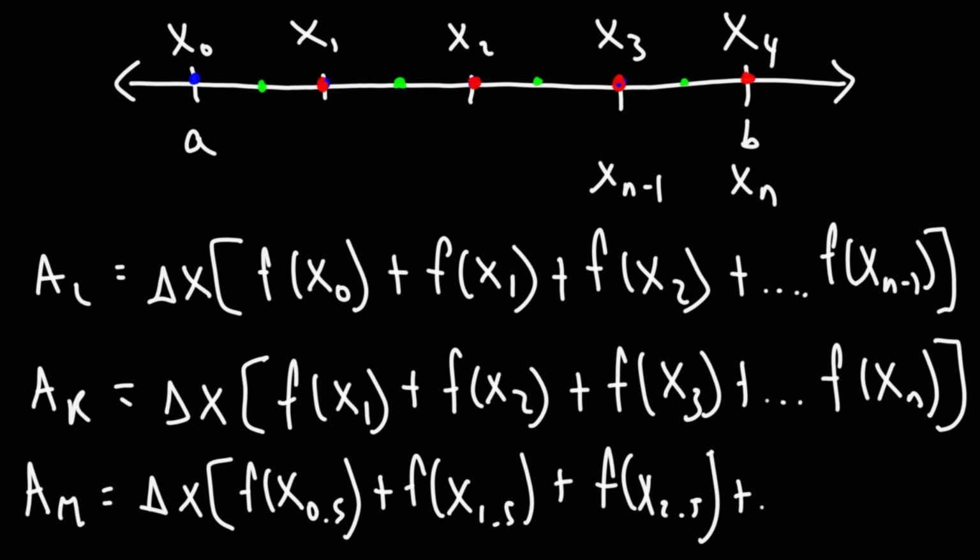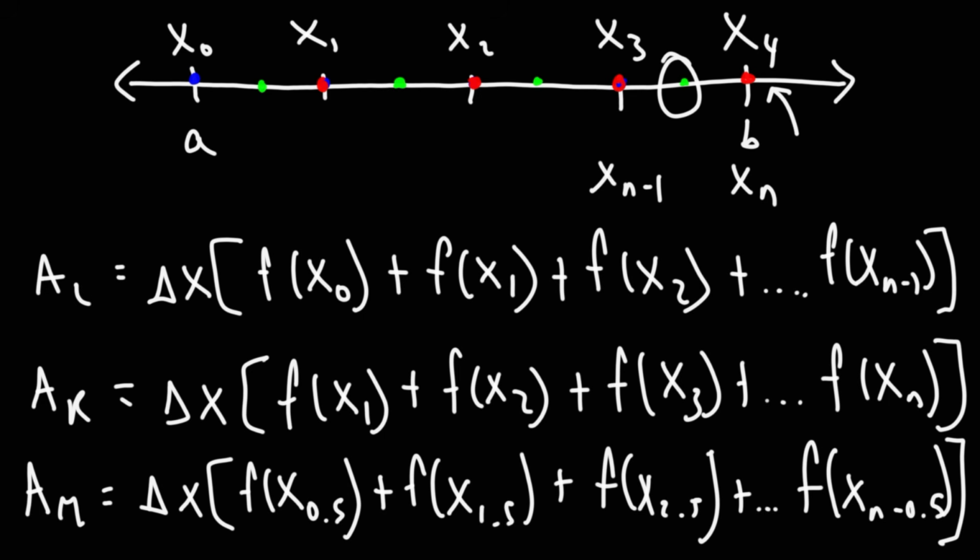And we're going to continue the pattern all the way to the last point minus 0.5. So here's the last point, x of n. If you subtract that by 0.5, you'll get this point, which for this example will be 3.5.